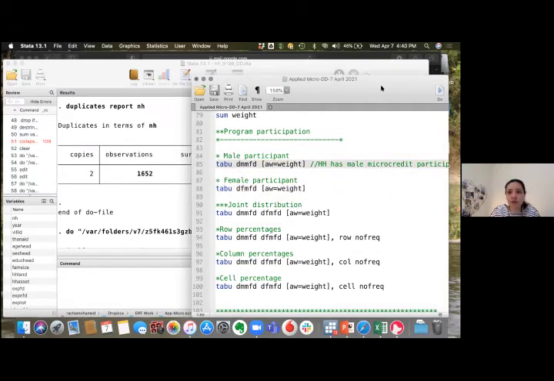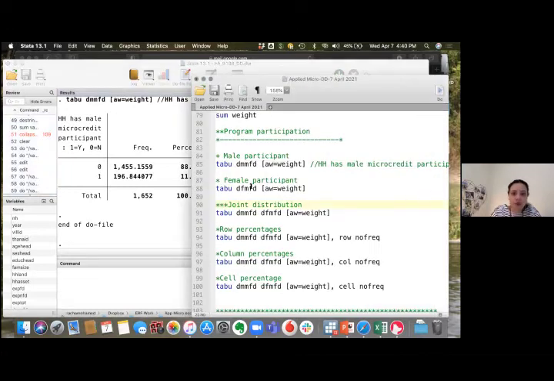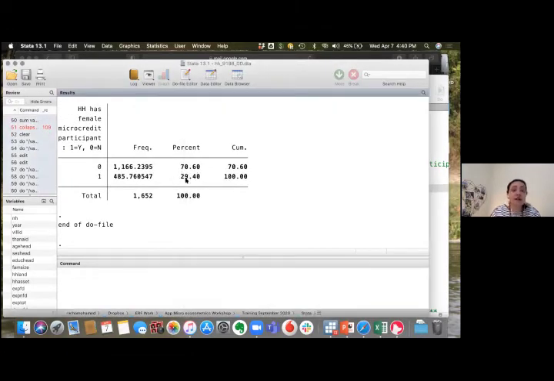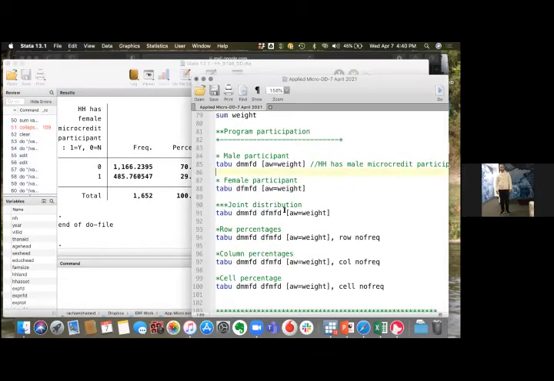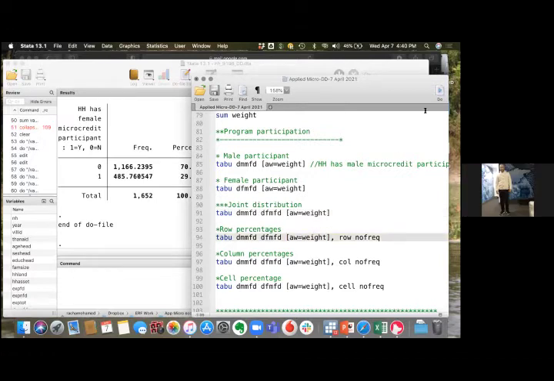So just to see the descriptive statistics, you can see that 12% of the households have a male participant in the microcredit program. For female, 29% of the households have female participants. So you can see that more households have female participants in the program.